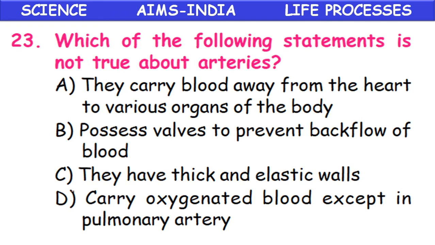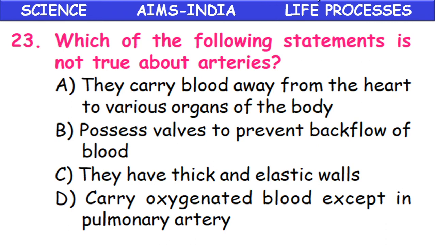Next, which of the following statements is not true about arteries? They carry blood away from the heart to various organs of the body. They possess valves to prevent the backflow of blood. They have thick and elastic walls. They carry oxygenated blood except in pulmonary artery. So here the statement which is not true, you have to select.